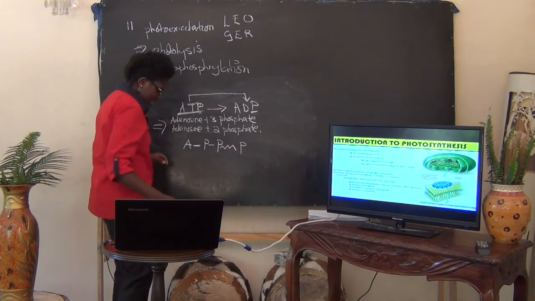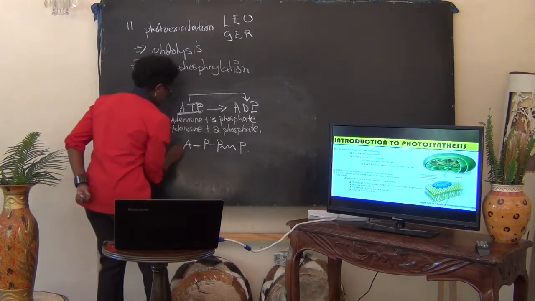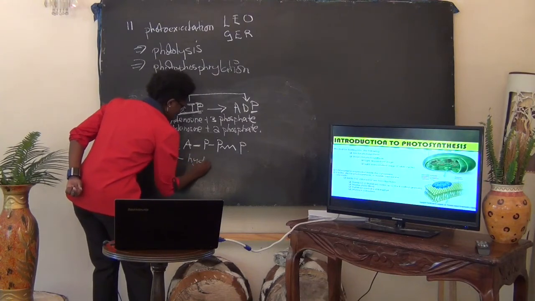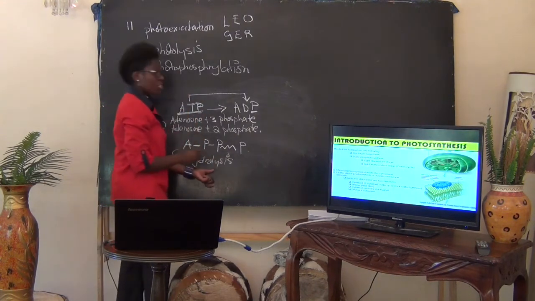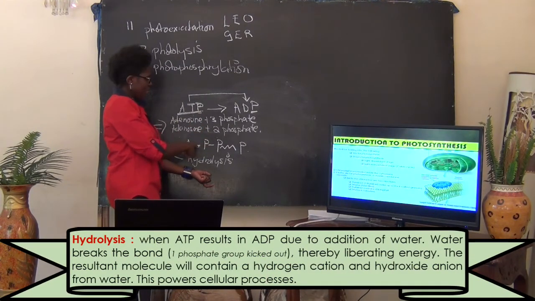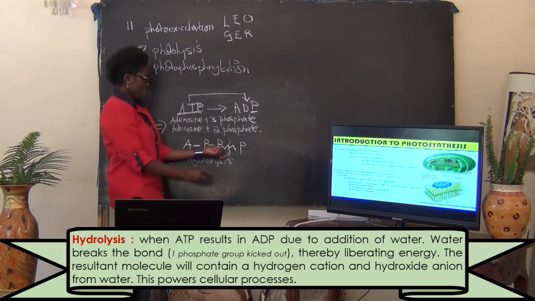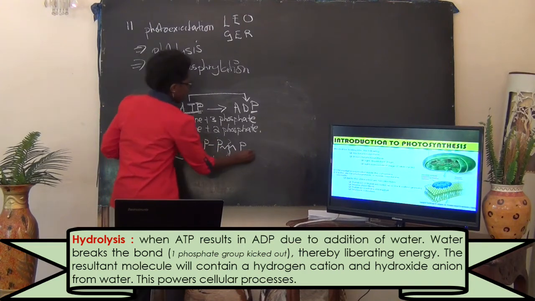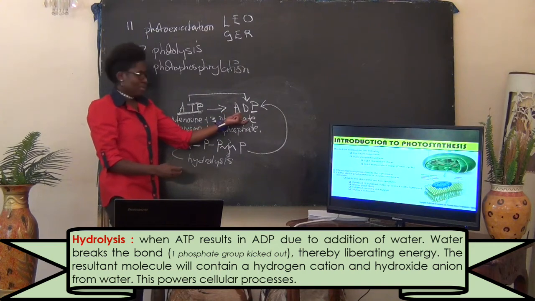And so you realize that due to a process that is known as hydrolysis, which is when you add water to the molecule of ATP, this bond is broken, and what we have at the end of the day is a molecule known as ADP.